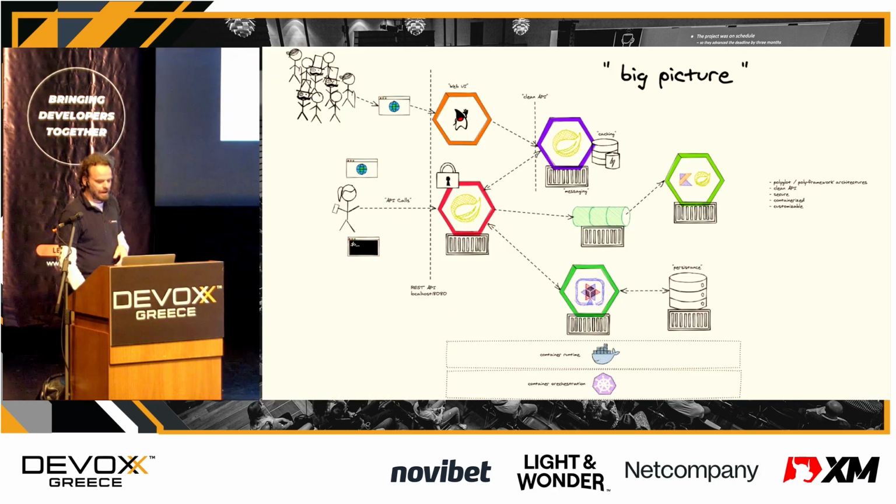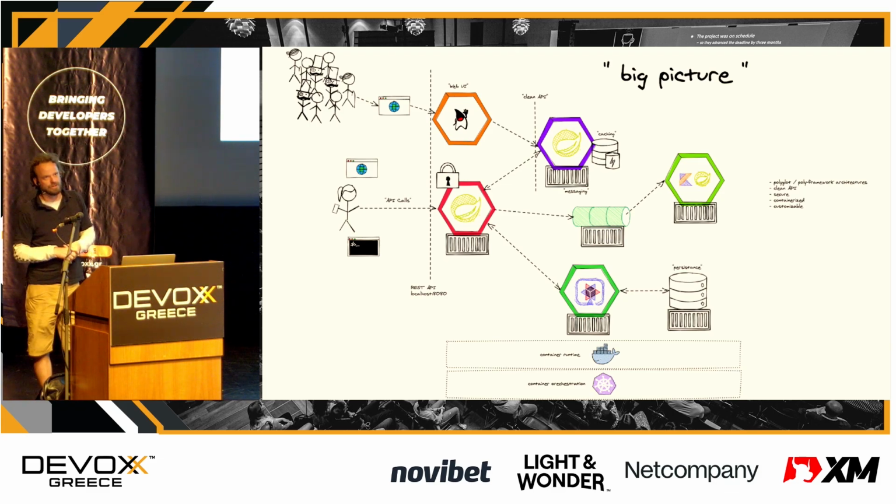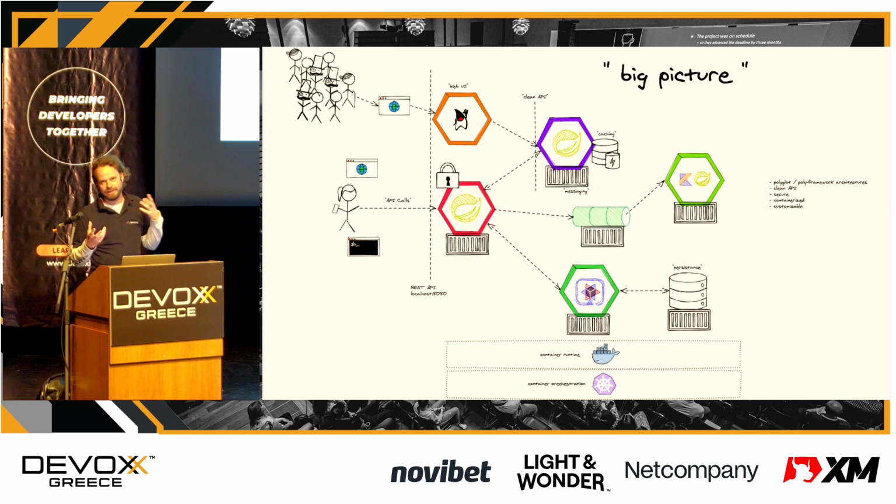I'm going to start with this. This is a diagram of a typical landscape that we see nowadays very often, both in the lectures I teach and also very often in our customer environments. The nature of things has turned into a more polyglot environment.